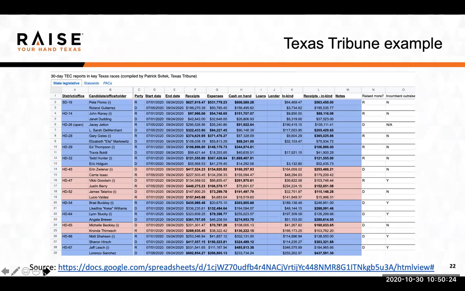He has chosen certain races and is comparing and contrasting the campaign report values that are submitted by the candidates, so that you can get a statewide view of how much money is coming in to a race and a candidate and who has raised more. Just an overview. You can't change the information, but you can view it, and I've provided this source at the bottom of this slide.